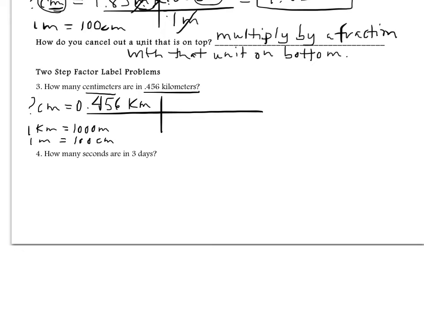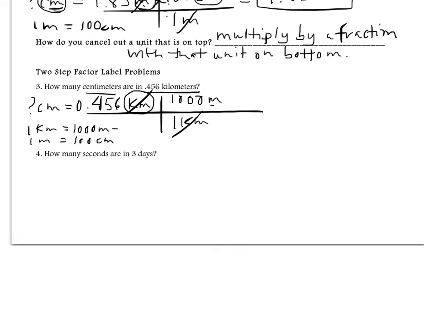So this means I'm going to have to set up two fractions, one after the other. My first goal is to get rid of kilometers. I don't want that in my answer. So I use my first conversion. I put kilometers on the bottom, meters on the top, and that allows me to cancel out kilometers.